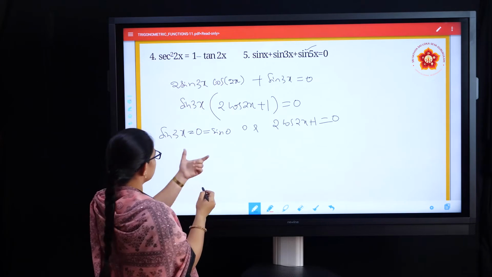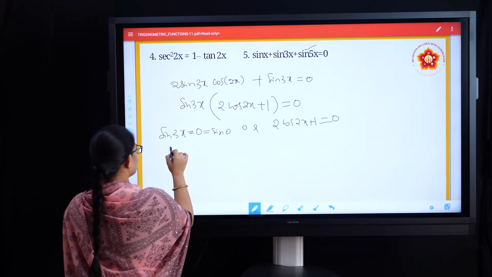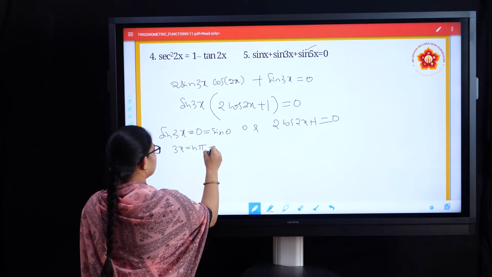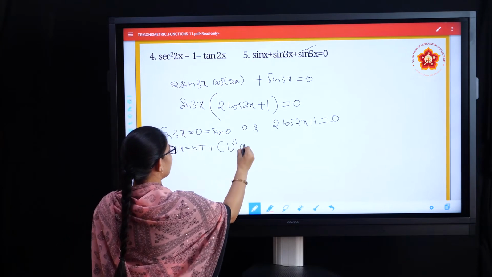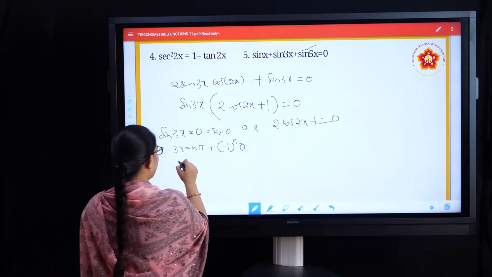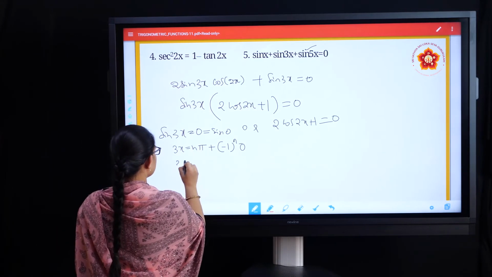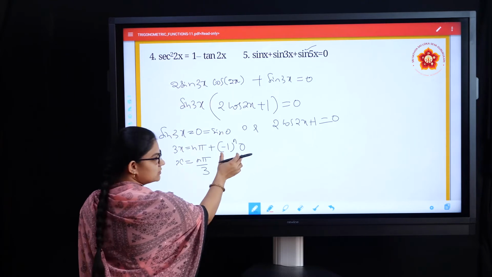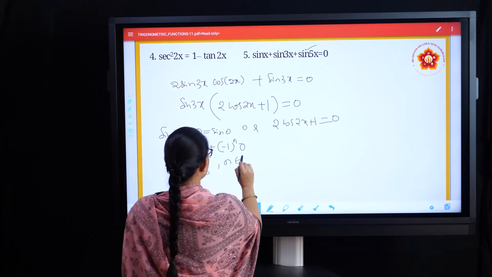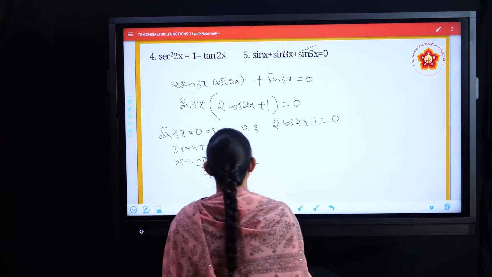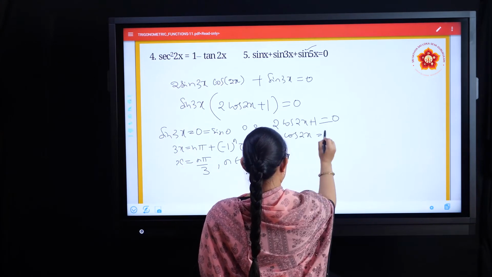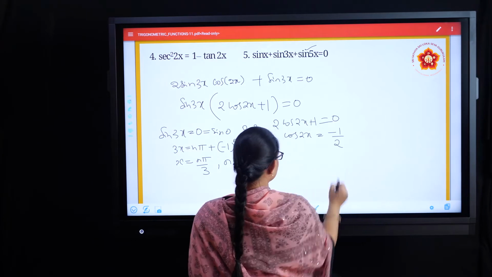Sin 3x is equal to sin 0, so we can use that formula, that is 3x is equal to n pi plus minus 1 power n y. Y is 0 here. So we have here x is equal to n pi by 3. This term becomes 0, for n belongs to z. And here we have cos 2x is equal to minus 1 by 2.